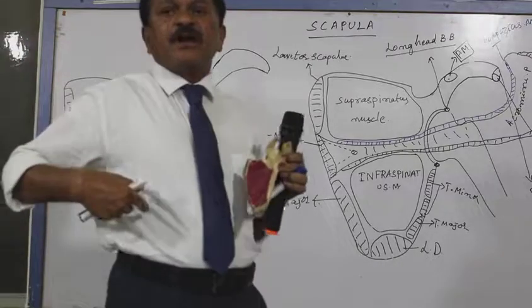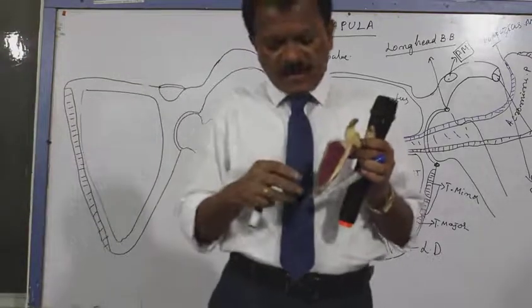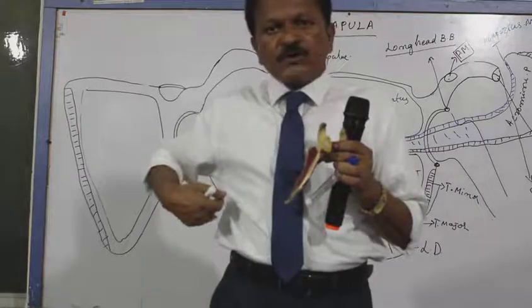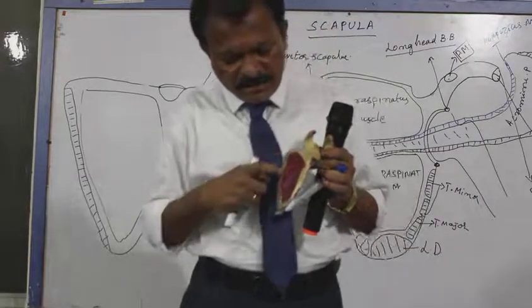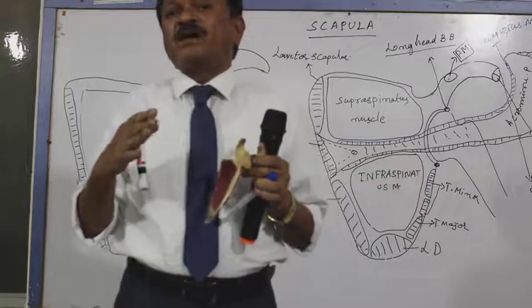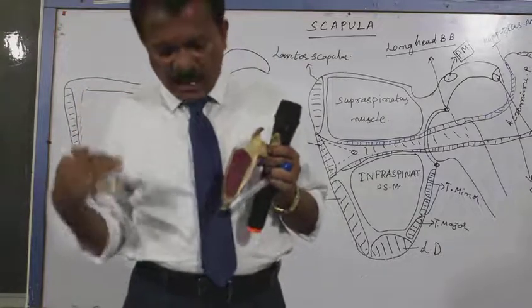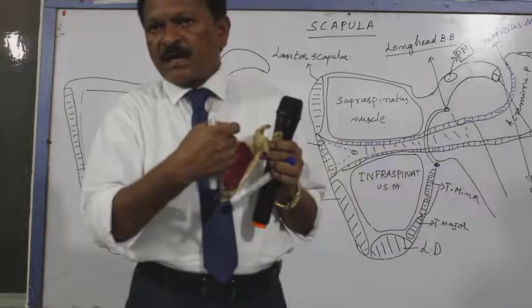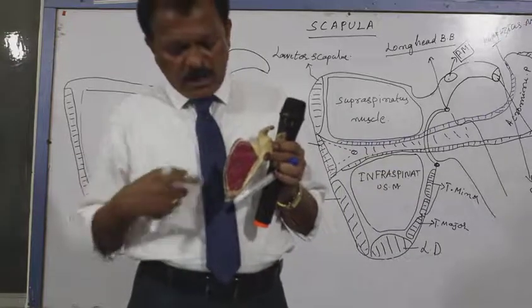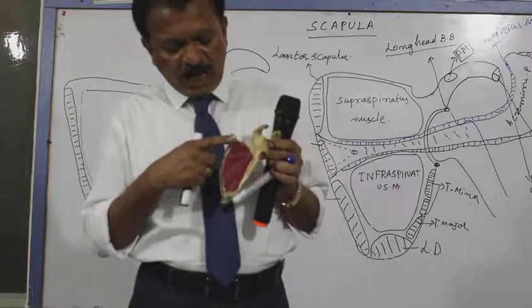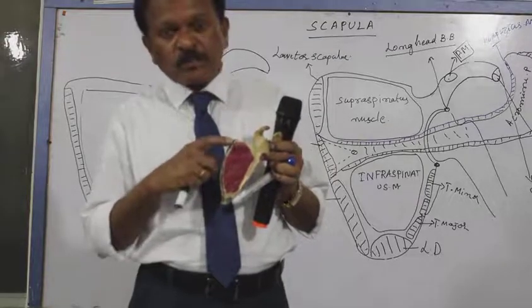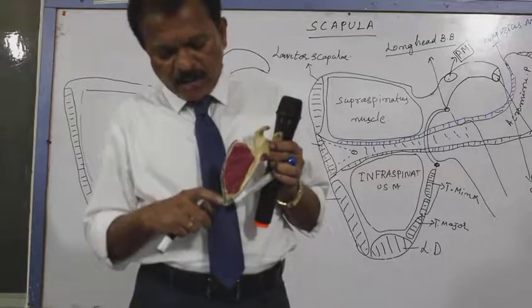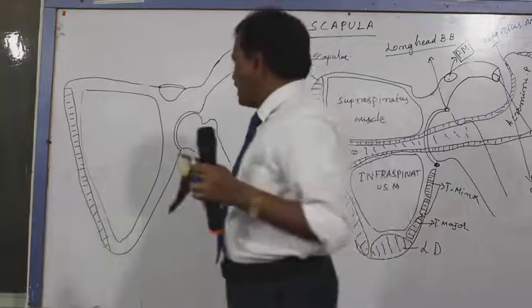It arises from the outer surface of the upper 8 ribs, and they go towards the back side. The insertion takes place between the thoracic cage and the medial surface, along the medial border, from the superior medial angle to the inferior angle of the scapula.